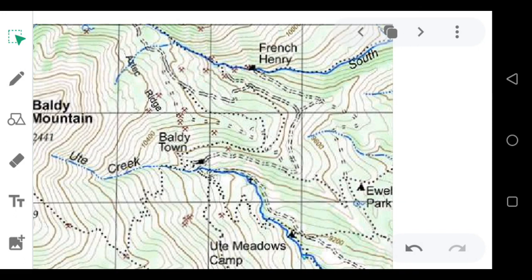Can you see the lines? These lines are not just there for nothing. They give us clues as to what to find in those areas.